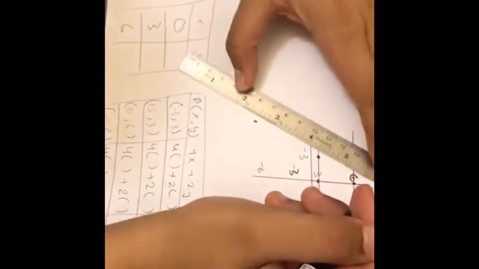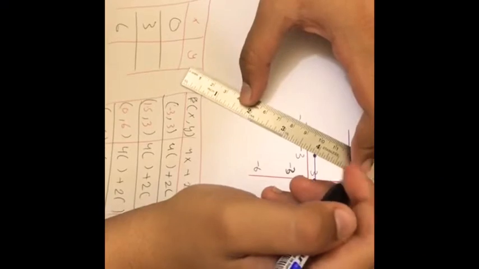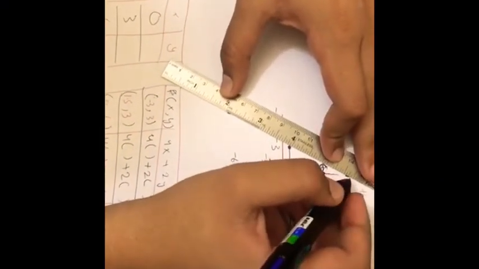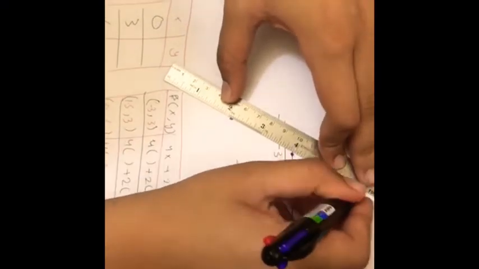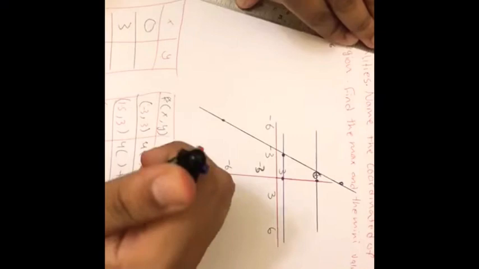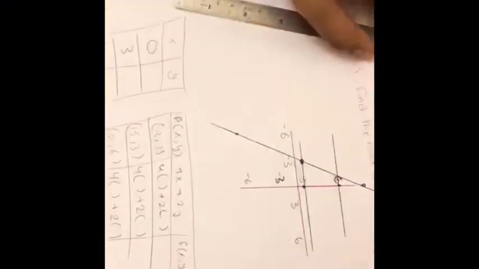And we draw the line. I will choose another color. I think that this point needs to be a little bit more here. Okay, so we're done with the first line.